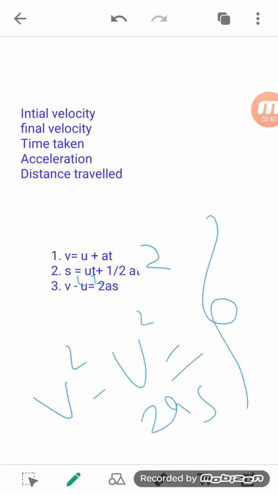These are the three equations of motion of a body which is traveling with a uniform acceleration.